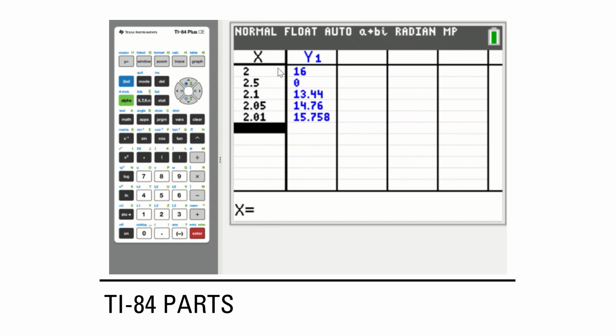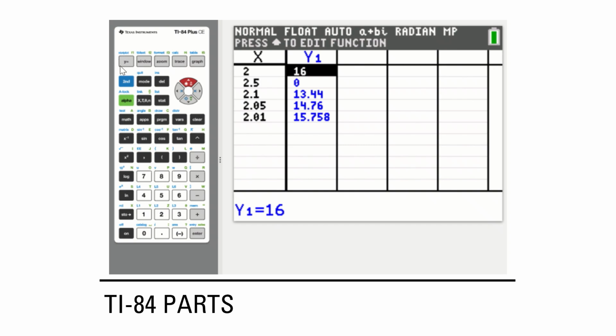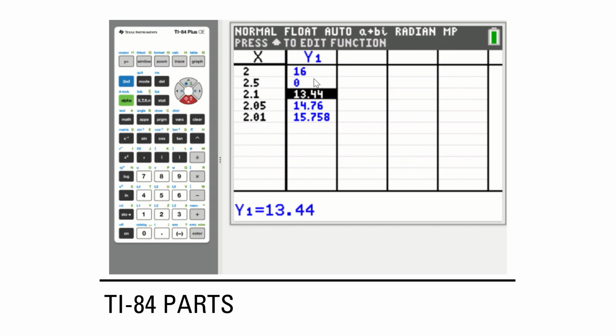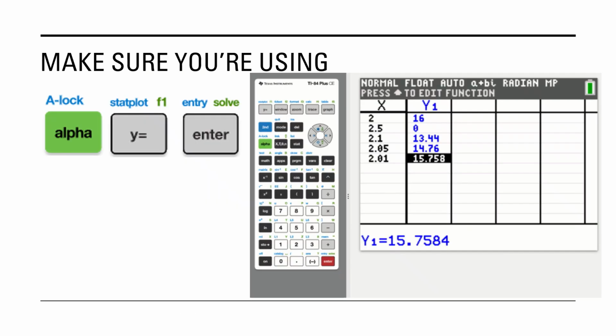So these are the X values that we need, and we want to get the Y values that come along with them. So it's evaluating whatever function I put in here at whatever X value I typed in here. There is one thing that I want you to watch out for right here. There are not enough spaces, so that 4 that's down here is important. And that's how you get all of your Y values.